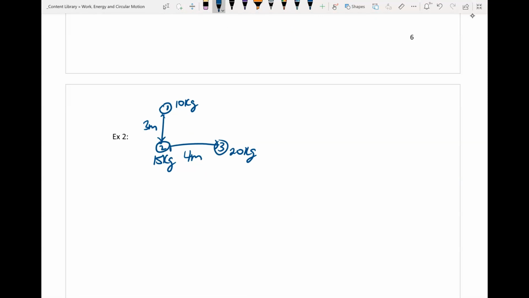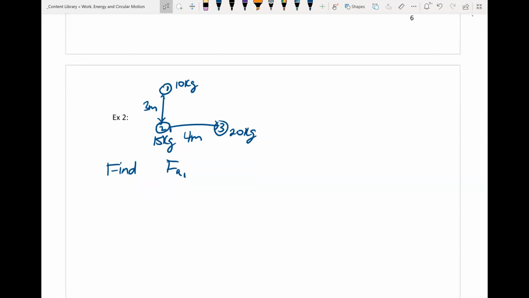Now our question here, we're going to find the force of attraction acting upon mass 1. So note, just like the first example we did just above, when we consider this, we have to consider the force of attraction between mass 1 and mass 2 and the force of attraction between mass 1 and mass 3.